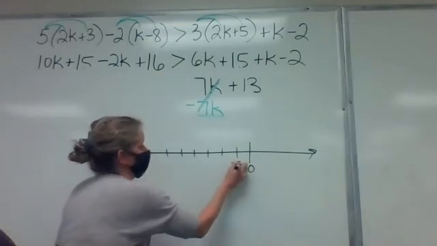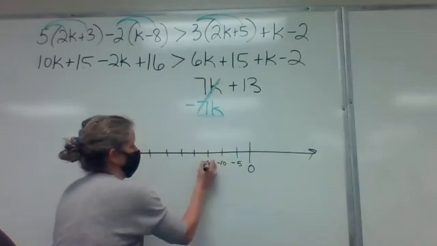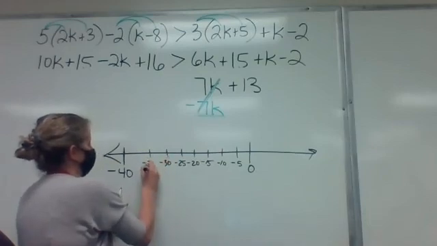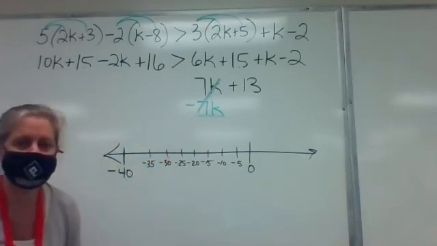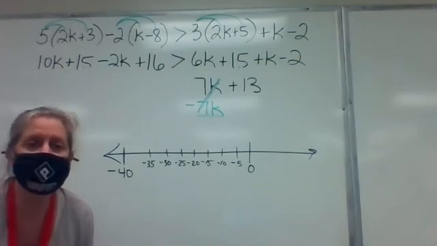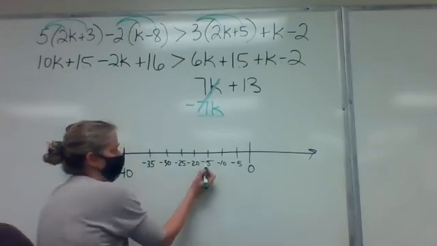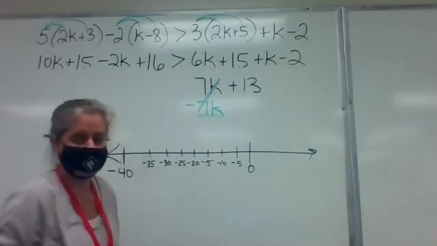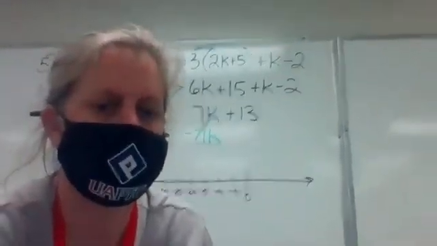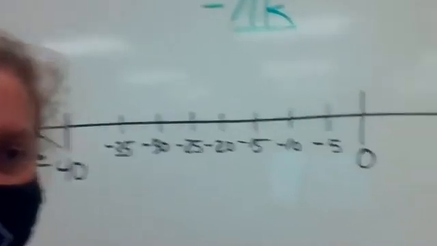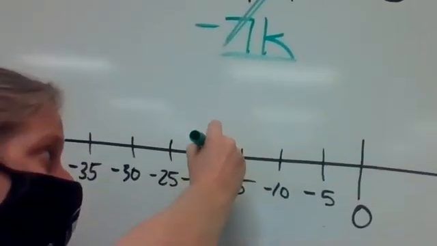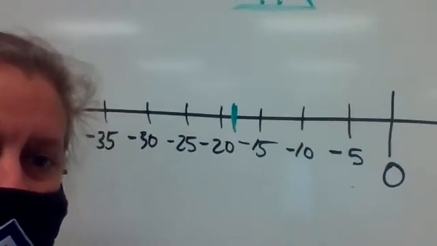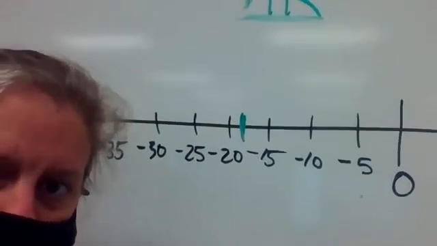So this will be negative 5, negative 10, negative 15, negative 20, negative 25, negative 30, negative 35, and negative 40. Negative 18 would be in between these two, right? Negative 15 and negative 20. So negative 18 would be about right here, between negative 15 and negative 20. A little bit closer to negative 20.